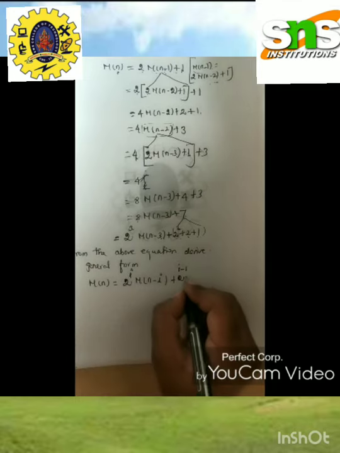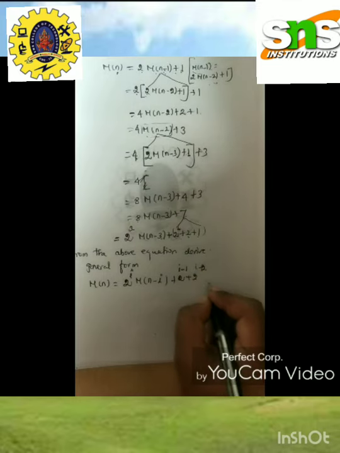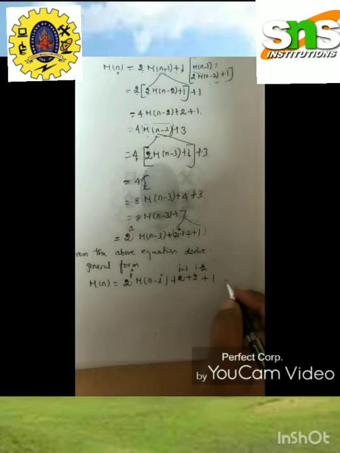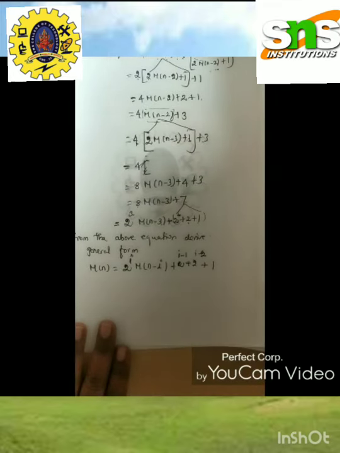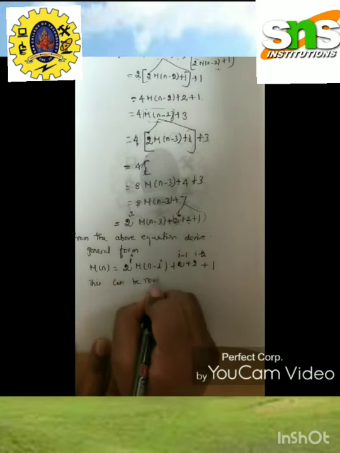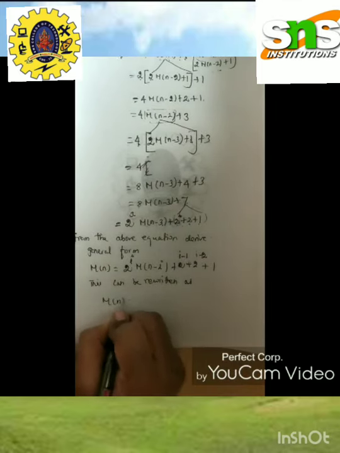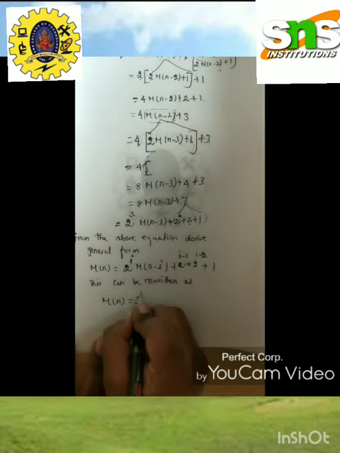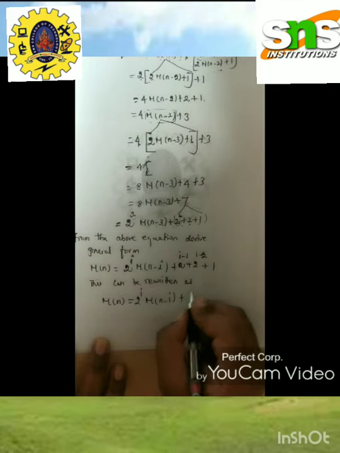So plus 2 power i minus 2 plus 1. So this can be rewritten as m of n equal to 2 power i into m of n minus i plus 2 power i minus 1.